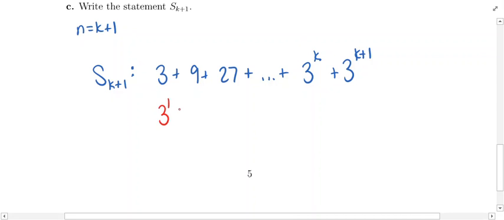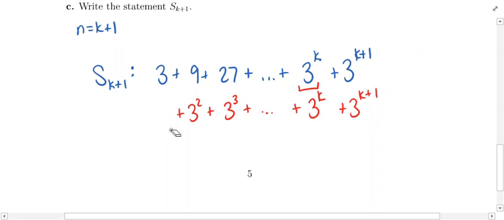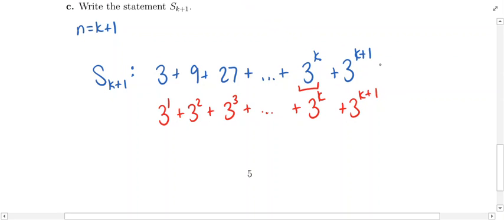This is really 3 to the first plus 3 to the second plus 3 cubed plus, and if you're ending with 3 to the k plus 1, then the term that comes before it is 3 to the k. You really need to have that term in here. It helps you in your induction step when you're pulling from the assumption. Okay, all right, I'll just leave that there. So what is going to be on the right side?